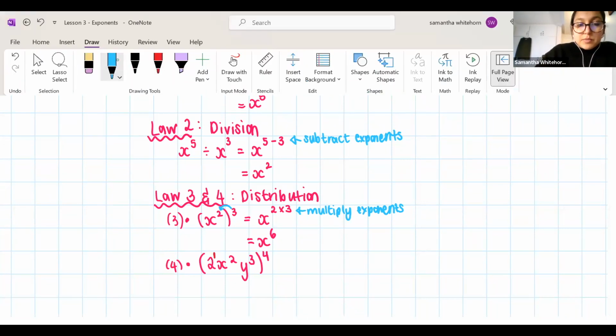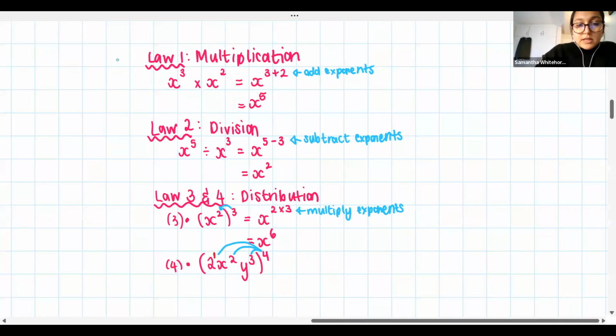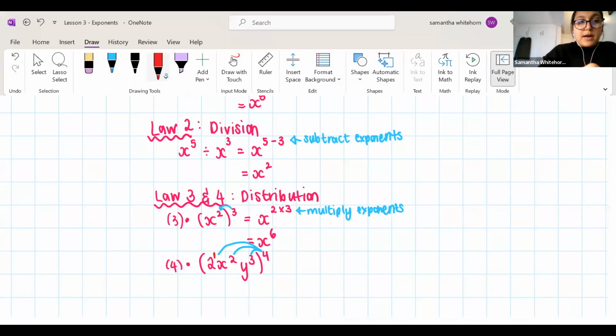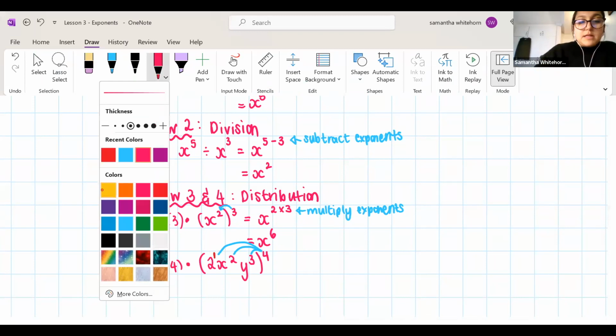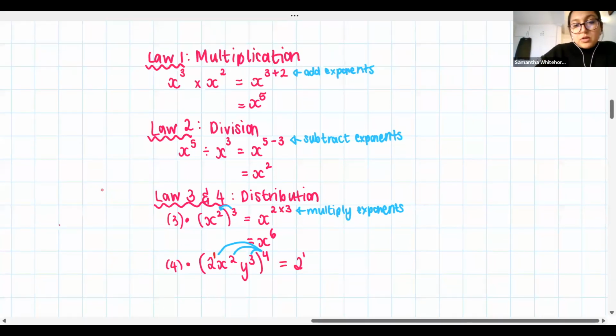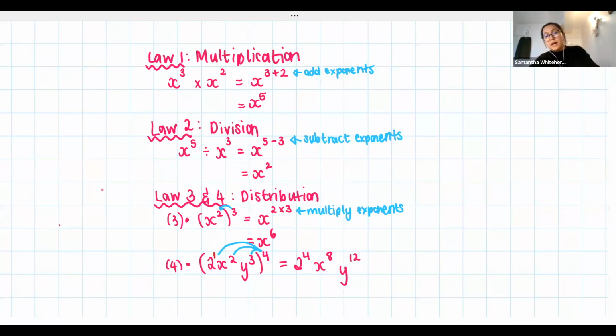But the outside exponent needs to distribute to all of my exponents inside my bracket. And so what that means is this simplifies to 2 to the power 4, x to the power 8, y to the power 12. Again, we are multiplying all of our exponents. And so we are able to simplify. Again, when we get to these examples, I will chat about it.